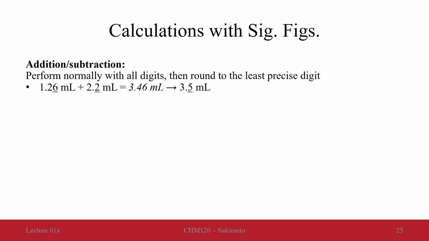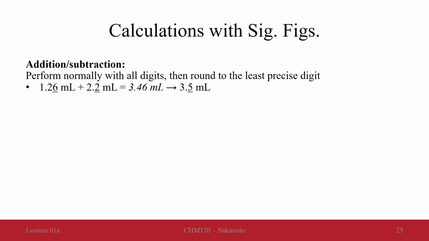Note that 1.26 milliliters has a significant digit in the hundredths place, the second decimal. But 2.2 milliliters is less precise. It only has a significant digit out to the tenths place. In this case, we have two different measurements with two different levels of precision. So I need to round to the least precise digit.